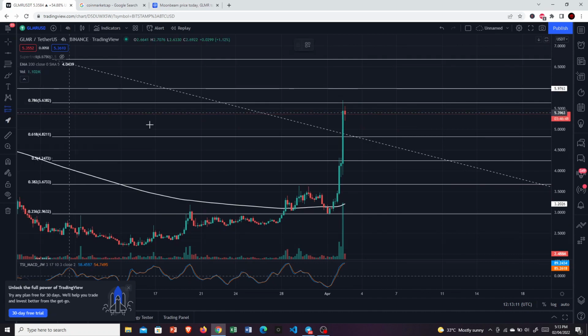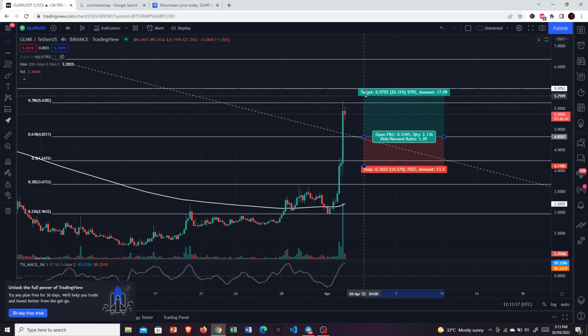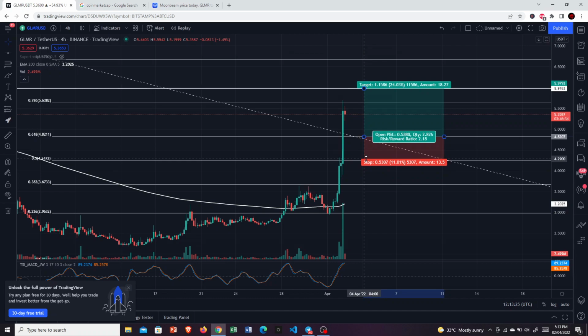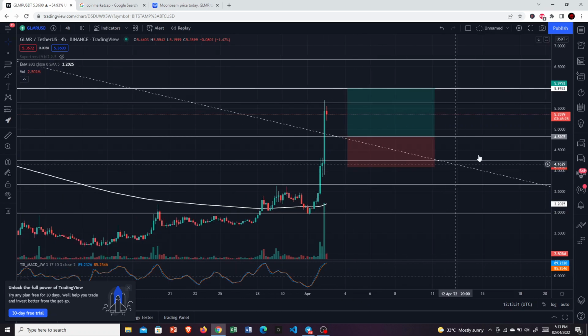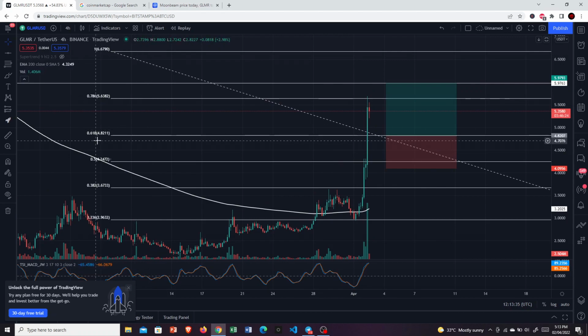So the trade setup will look something like this. I will place a long position, and this will be our entry. This will be our target of 5.9, and we will place a stop loss of 15% over here. So something like this will look if you are only buying at the 4.82 level.